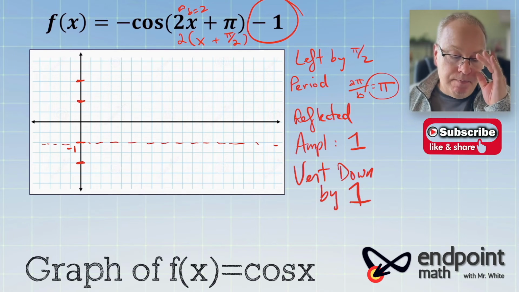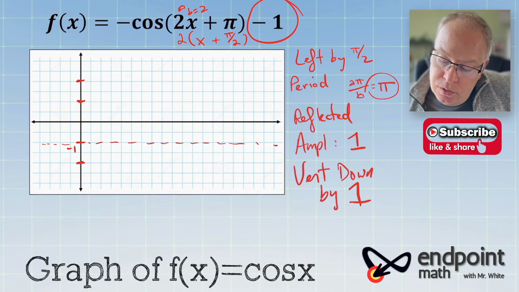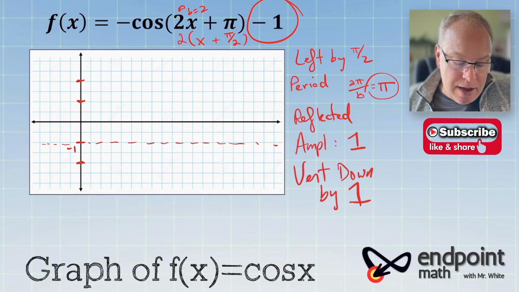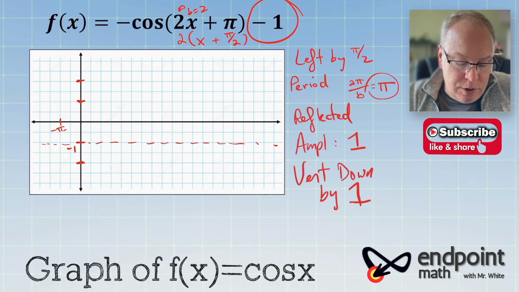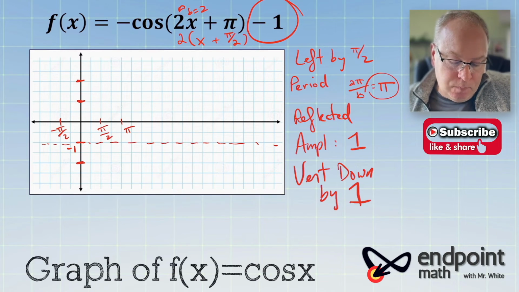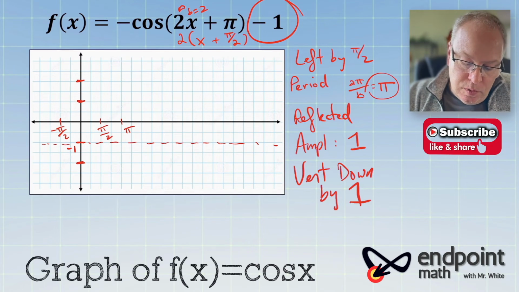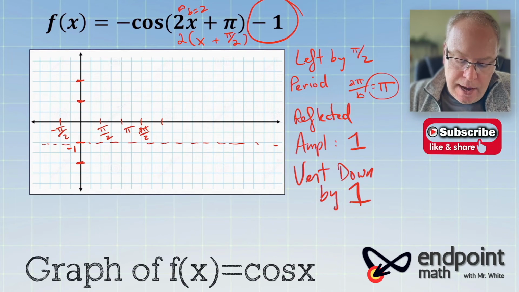It's pi. But we also have to go to the left by pi over 2. So what do we want to do? Let's call this negative pi over 2. That means this would be pi over 2, and this would be pi right here. Okay? So then this would be 3 pi over 2, and this would be 2 pi.